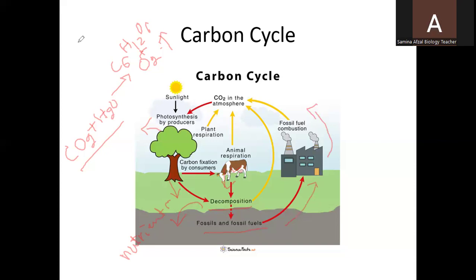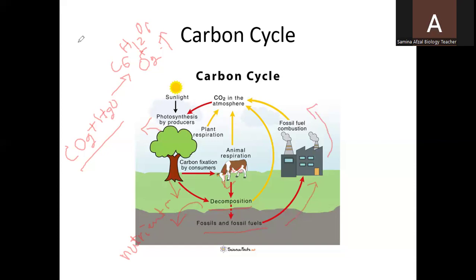And the process of decomposition also releases carbon dioxide into the air. So in this way, there is only one way that carbon dioxide is used up from the environment by the plants, only for the process of photosynthesis.